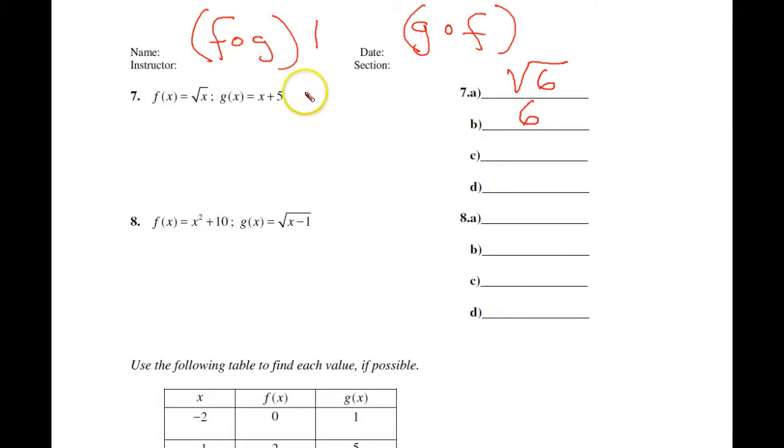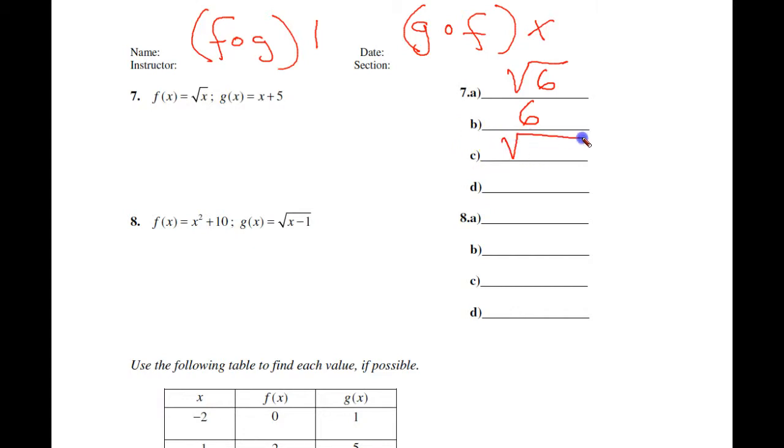Now in letter C, they want us to put an x for these. So for our function f composed with g, this is going to be an x. So this is our x here. So under the radical sign, this value for x goes under the radical sign.